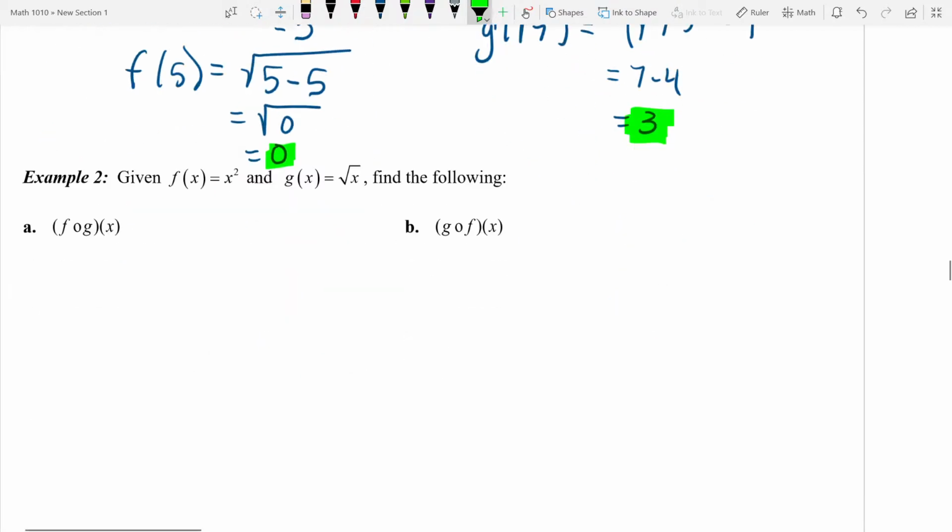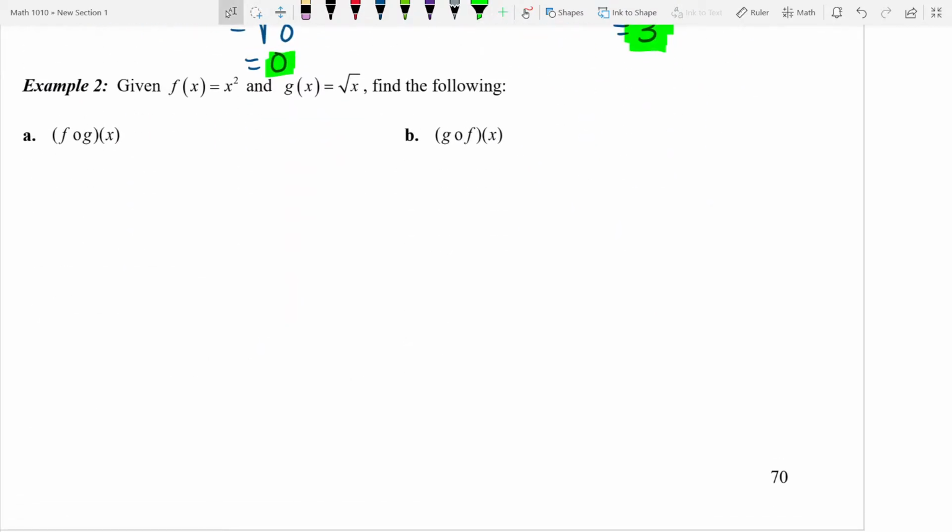Okay, good. Question 2. Do I go from right to left, or do I go from left to right? Somebody tell me. You go right to left if this is a number. It's not a number, so I'm just going to go from left to right, just normal. Okay? So everybody write this as f of g of x.